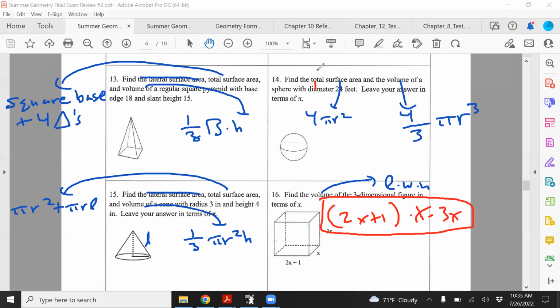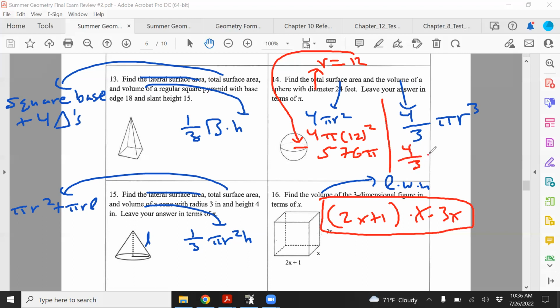Here, the diameter is 24, so the radius is 12. So you can do 4 pi times 12 squared. That'll be 576 pi, if you multiply all that out. Here, that's 4/3.